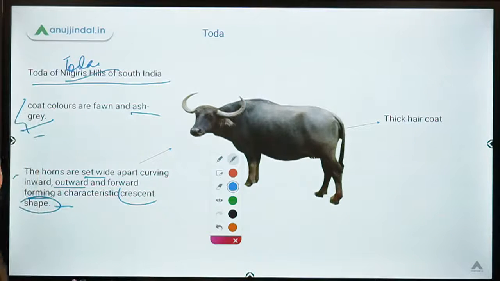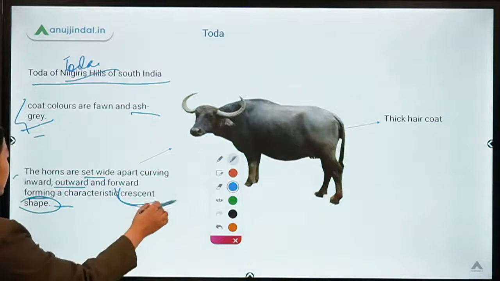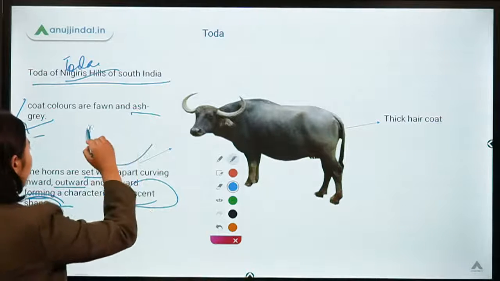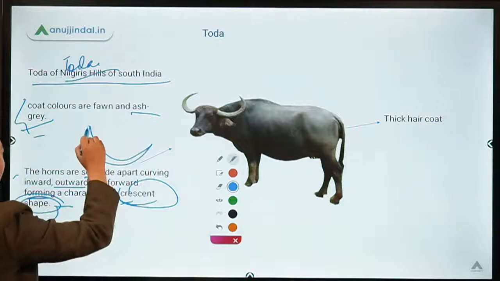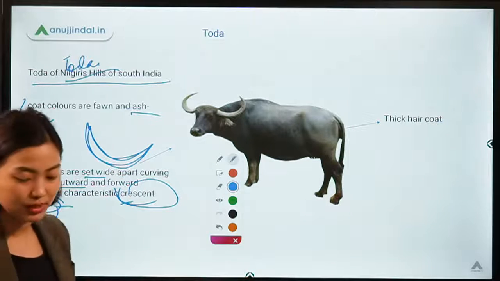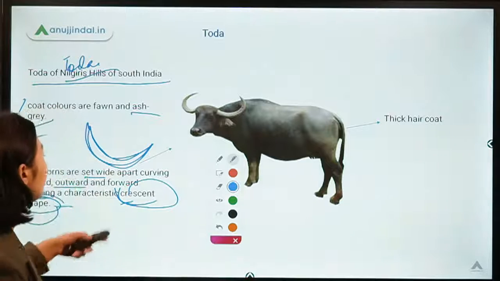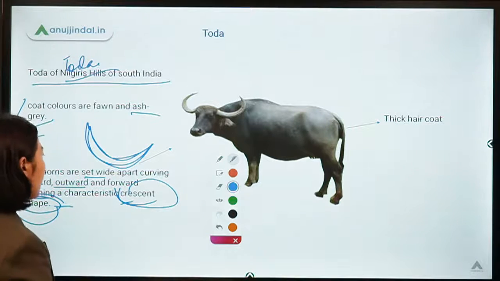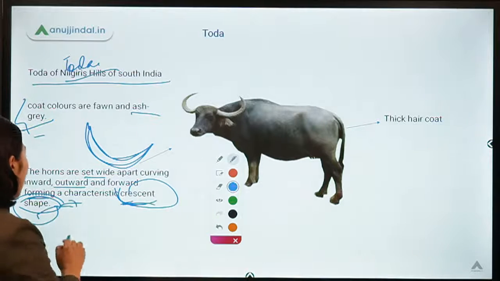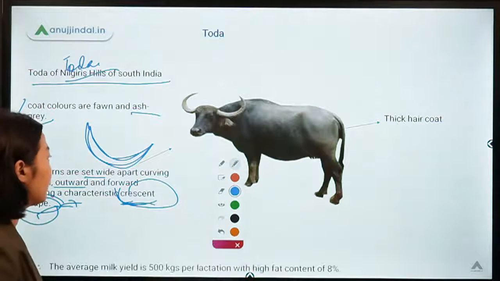And now we have the crescent shape. If you have seen a moon, then you must have seen a crescent shaped moon. So just try to remember that the Toda's crescent shaped horn resembles the moon.